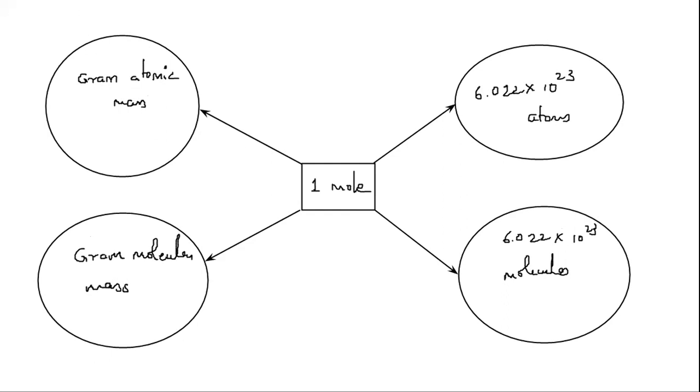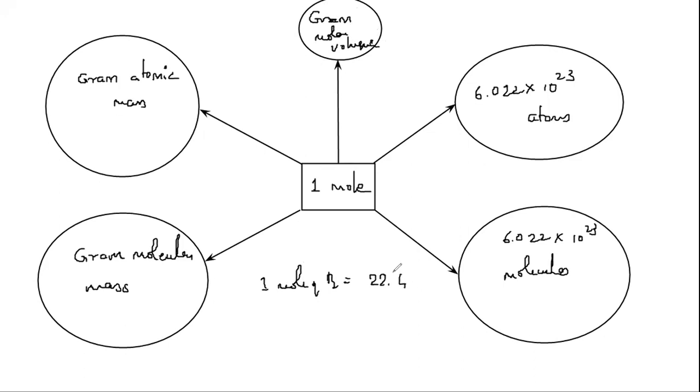Or gram molar volume. You take 1 mole of any gas, 1 mole of hydrogen gas, it will have 22.4 liters of hydrogen gas. 1 mole of chlorine gas will have 22.4 liters of chlorine. That is nothing but gram molar volume.